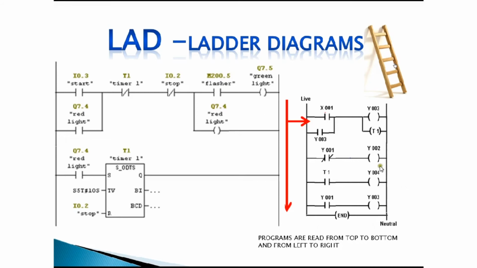So we said previously that your left column represents your live, and the right column represents your neutral or your normal. So when the PLC does its scan, it will go to the first rung and check, are there any changes to input X001?